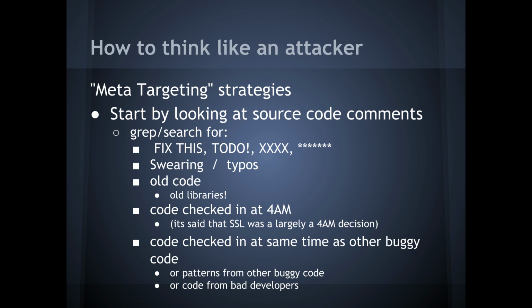It's basically bad code that the developer never got around to fixing, but they just commented that this might lead to a buffer overflow, or XXX, this is weird, or I don't understand this. Another good thing to search for are curse words, actually, or perhaps typos of common functions.